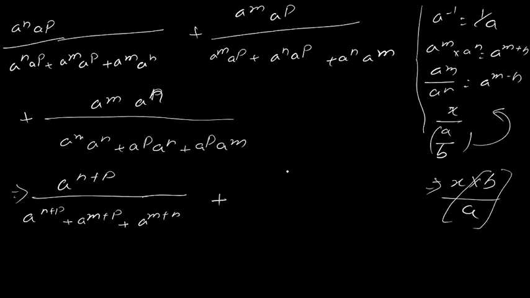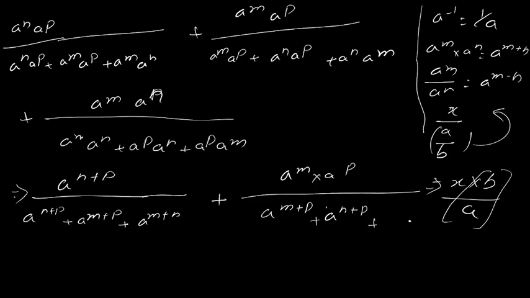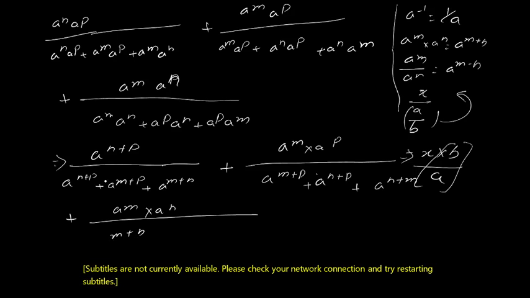Right. Here a to the power m, a to the power p divided by a m plus p, a n plus p plus a n plus m plus am an divided by a m plus n, okay.